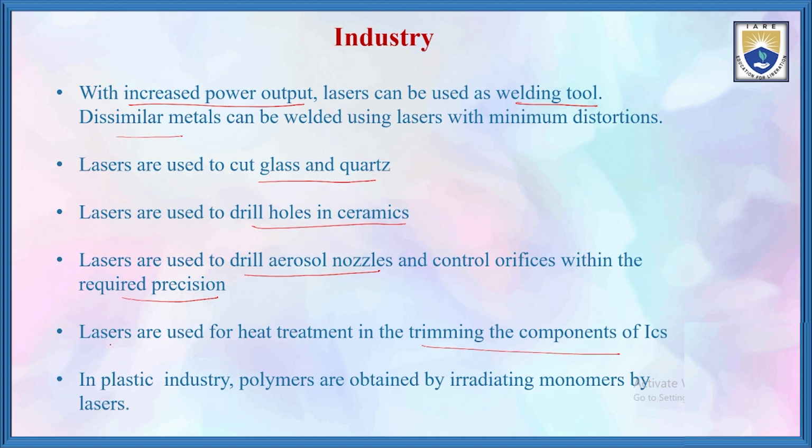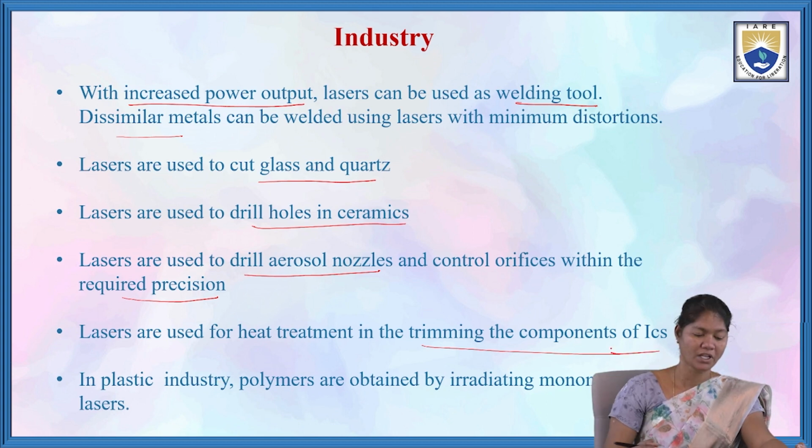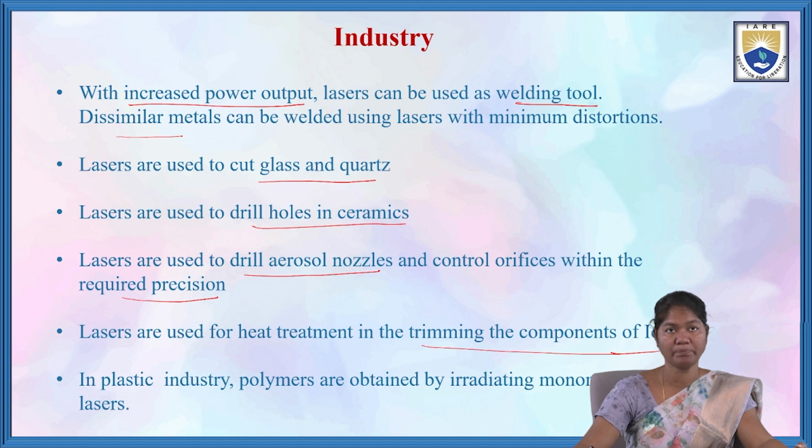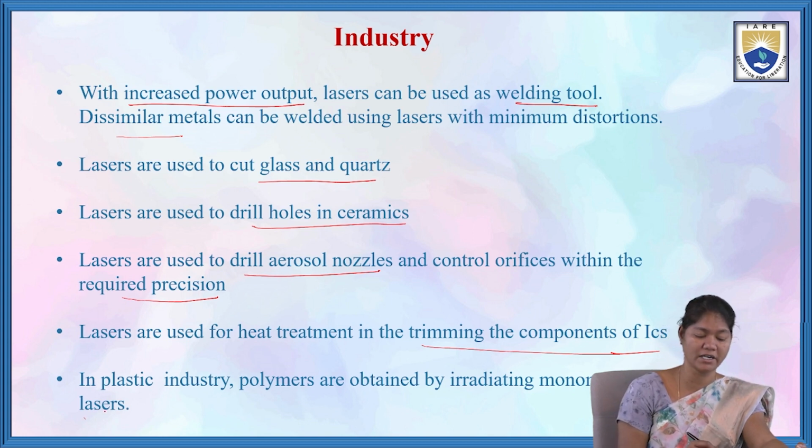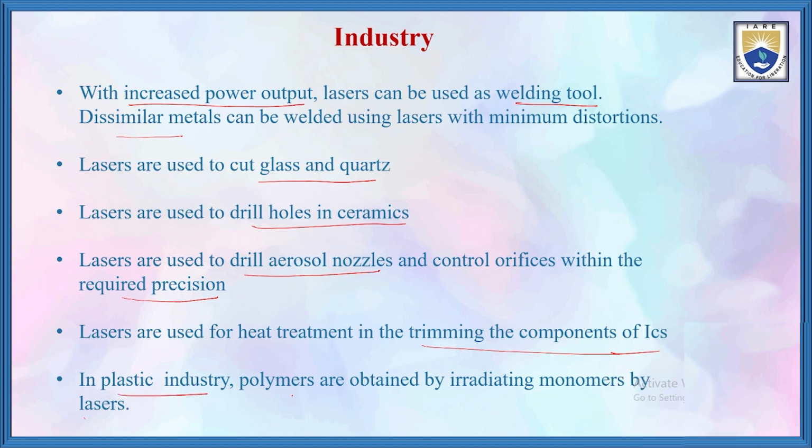In the plastic industry, polymers are obtained by irradiating monomers with lasers.